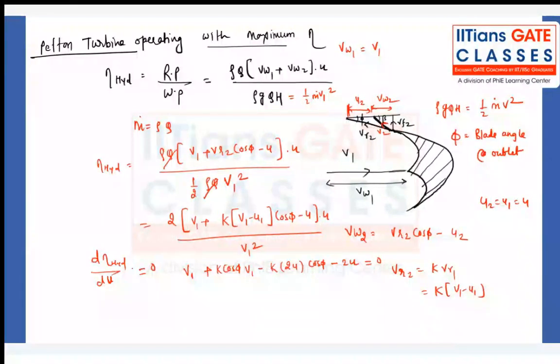So we get v1 plus k cos phi minus k into 2u cos phi minus 2u equal to 0.